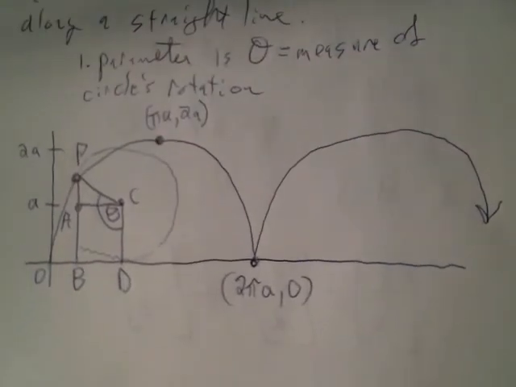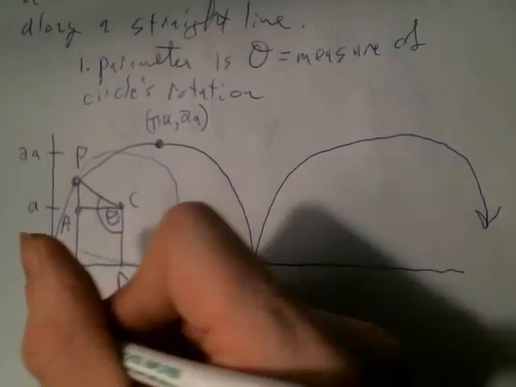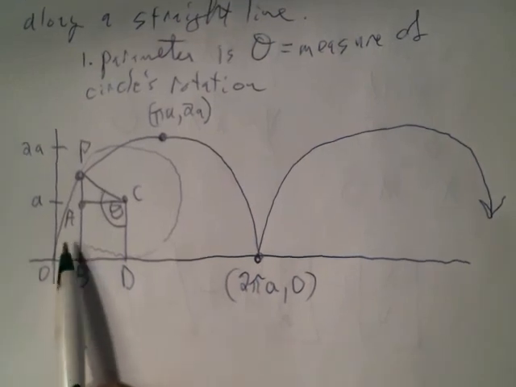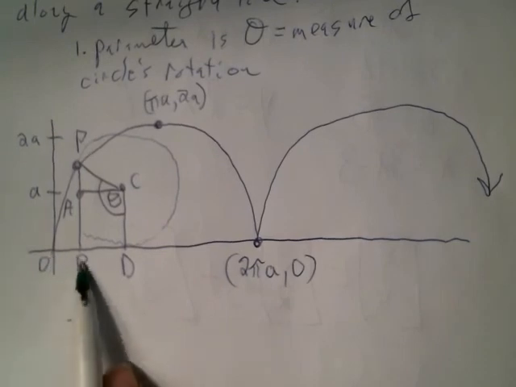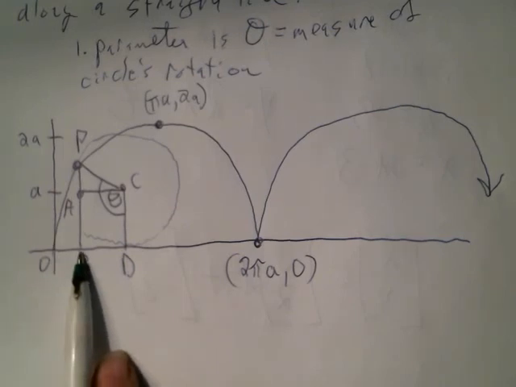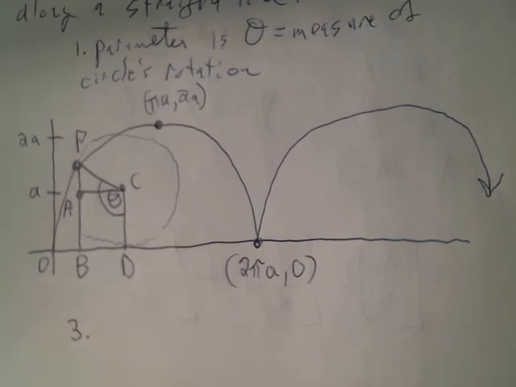We need a formula for the x and y coordinate of P. And so we can get that by doing differences and sums of these other lengths, right? So the first length for x is this OB distance. And this OB distance we're going to be able to get by noting that OB is really the difference between OD and BD. And we'll be able to find those two lengths.